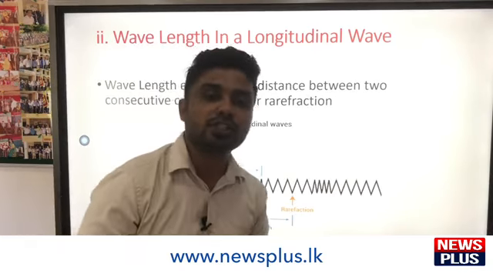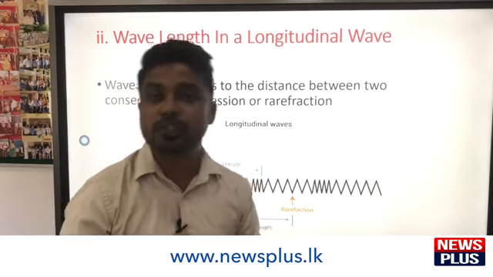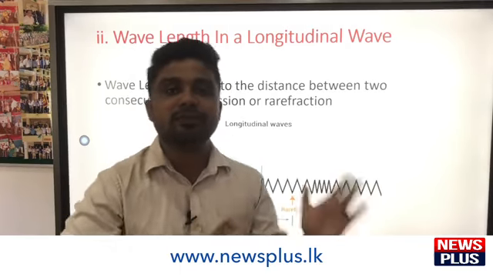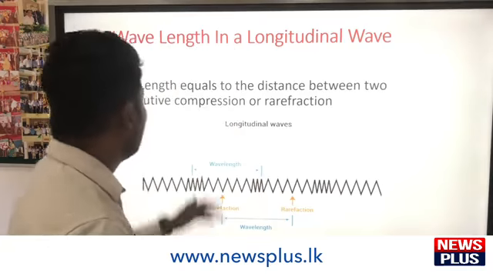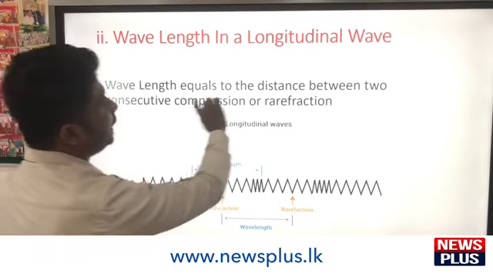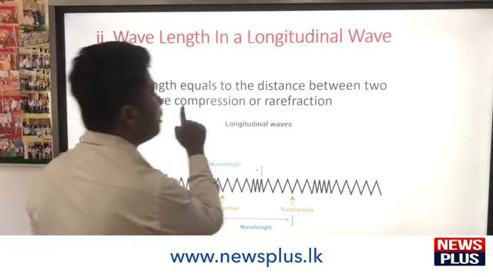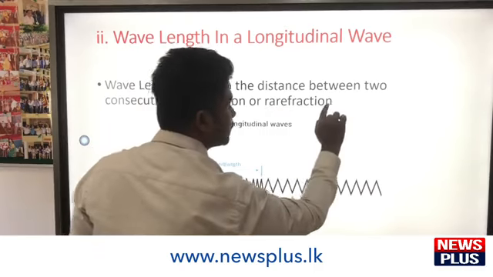As we know, longitudinal waves form compression and rarefaction. Because of that, we can define wavelength as the distance between two consecutive compressions or rarefactions.